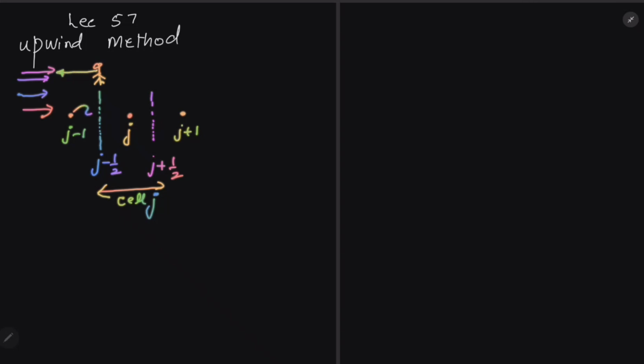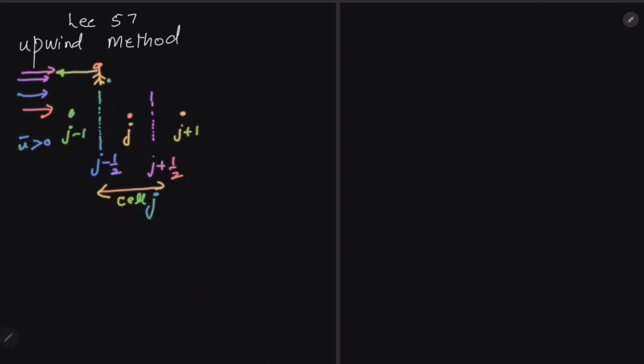So it means that the information is more important on one side, in one-sided direction. That is actually the motivation of the upwind method: you just focus on the left-hand side if the velocity of the wind is greater than zero.